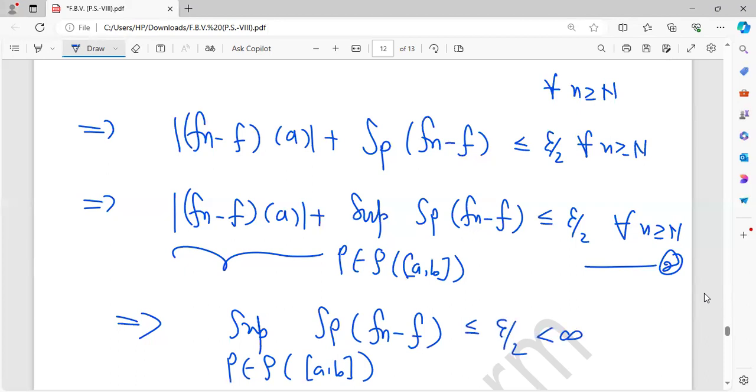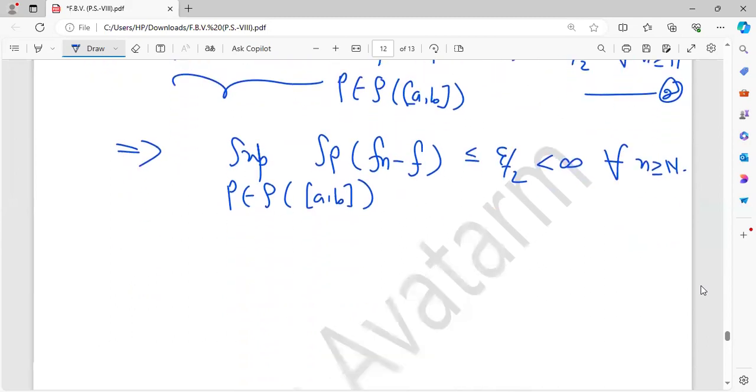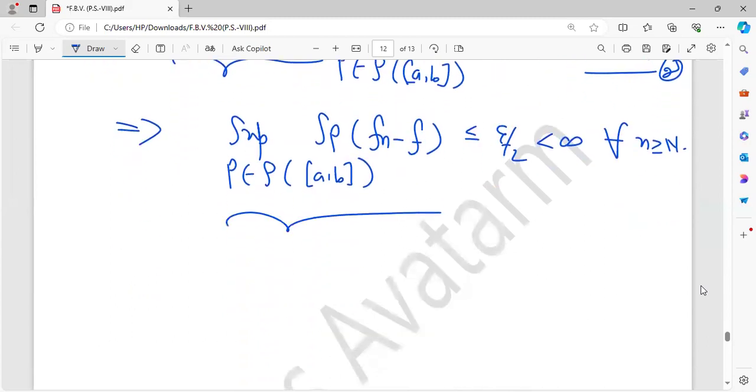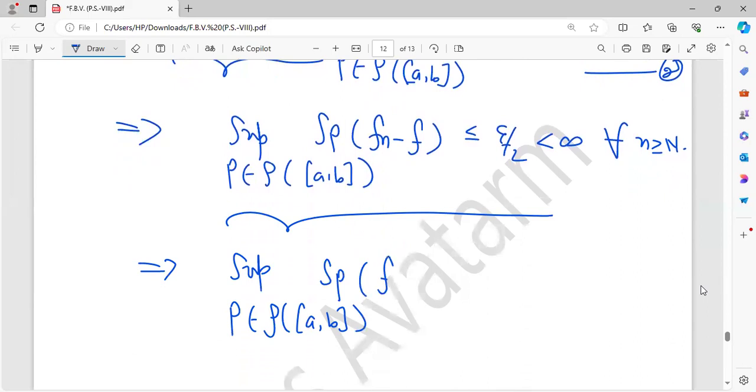That is finite for all n greater than or equal to capital N. So this implies S_P(Fn minus f) is less than epsilon by 2, but this is finite.